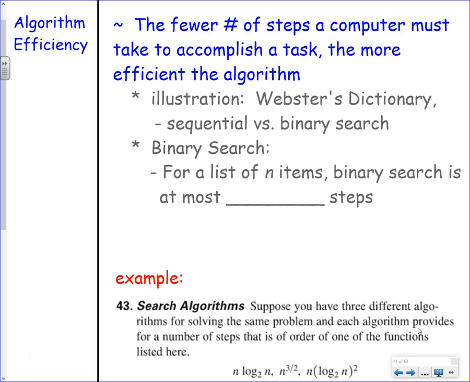Interesting. If you had all of Webster's dictionary, all of the words put into a computer, and then you wanted it to find a certain word, like for instance, if you were Googling in Chrome, define, and I don't know, give me a word that might be a little difficult for someone to define. Article.